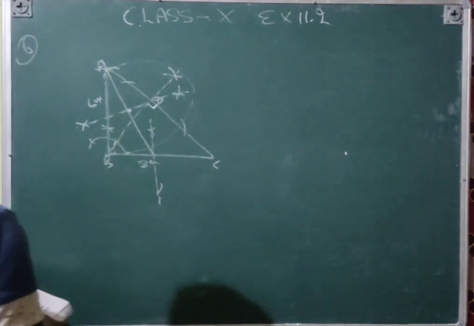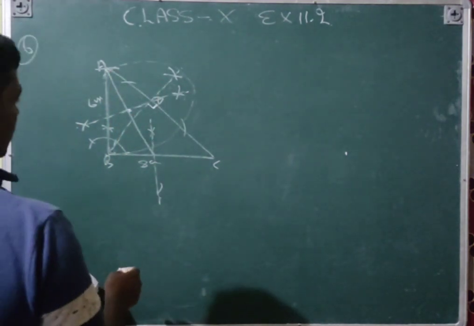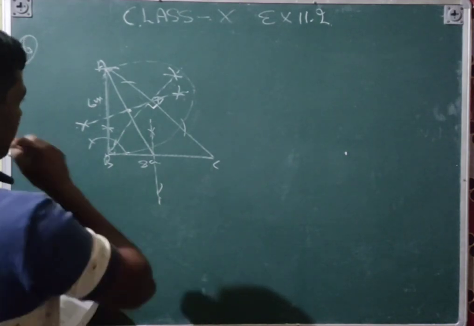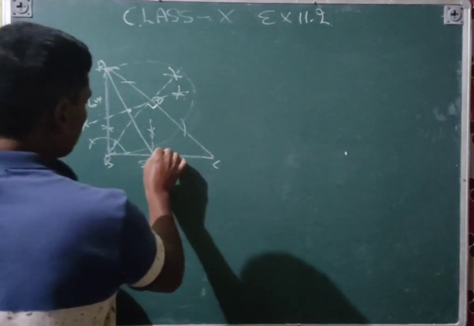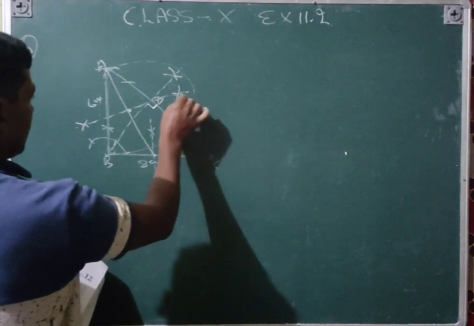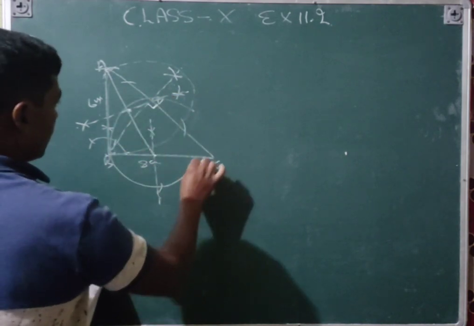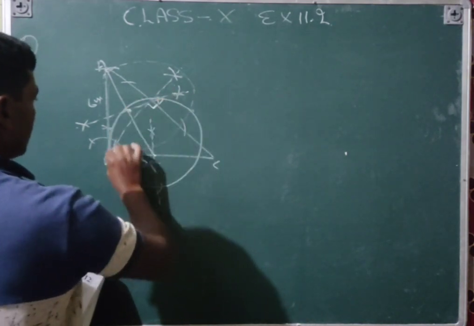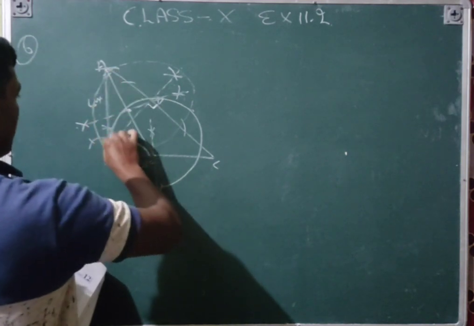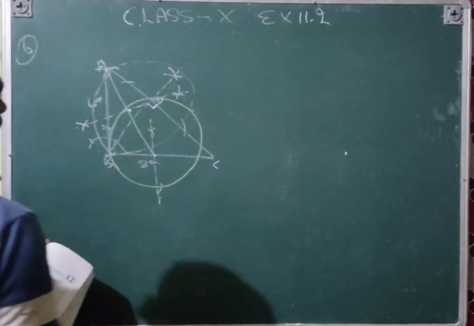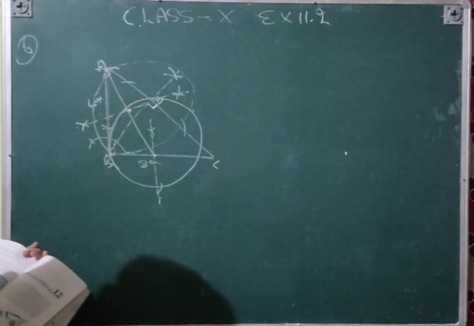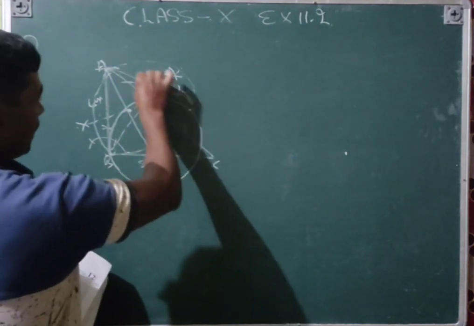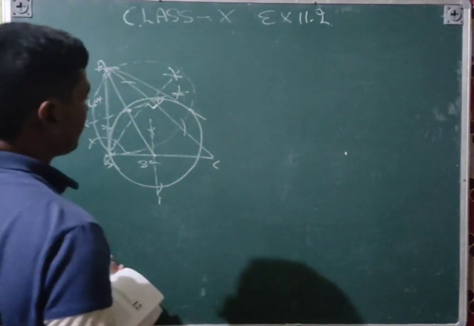That will be AB, which must be tangent. From here also you will draw a circle. This is the main circle, and then this one will become like this. From point A, B and A will be crossed. Okay, this point is the tangent point of this one.